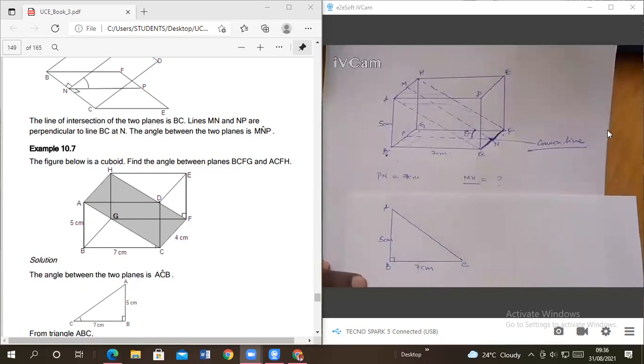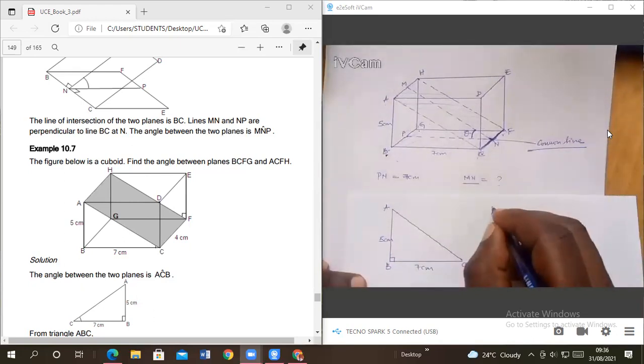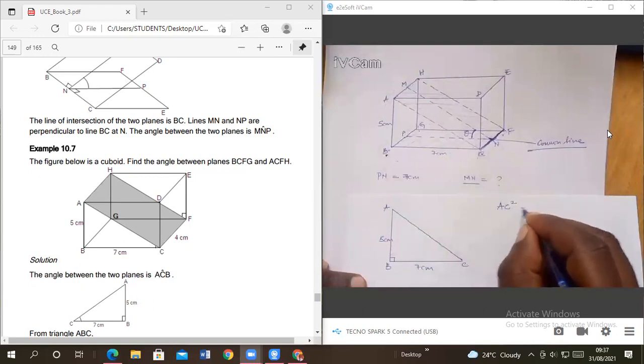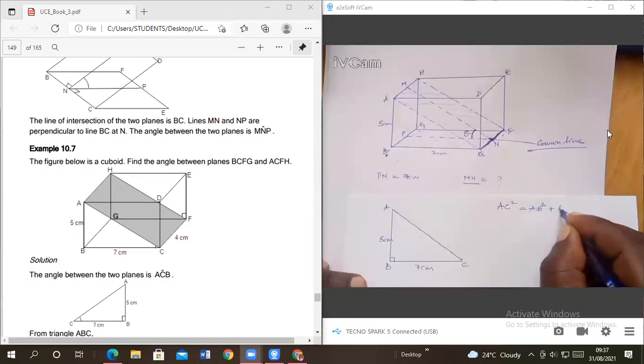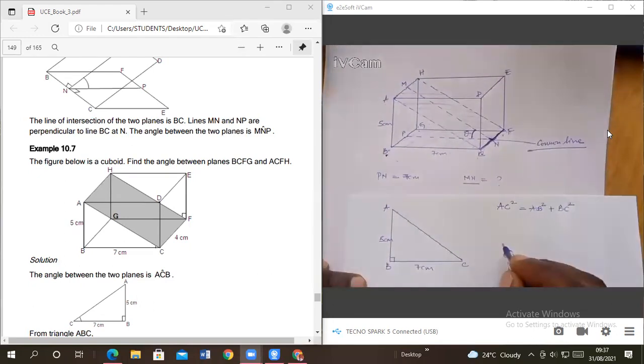My task is to find AC. Once I find AC, it will be equal to MN. So we shall use Pythagoras Theorem: AC squared equals AB squared plus BC squared.